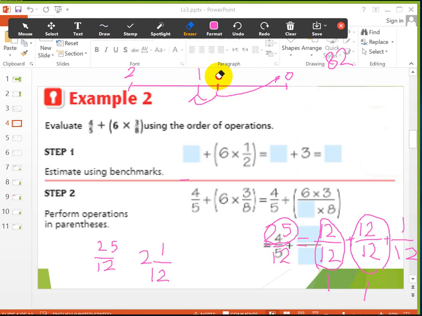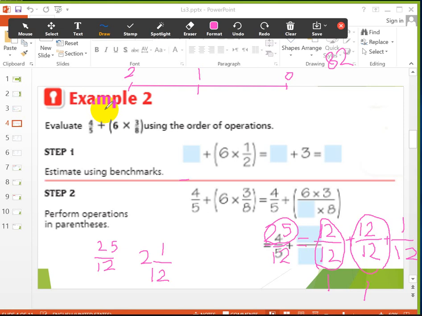Benchmark, I have to locate the numbers or the wholes and locate my fraction and see this fraction is close to which one or to which whole. So let's estimate the answer here.